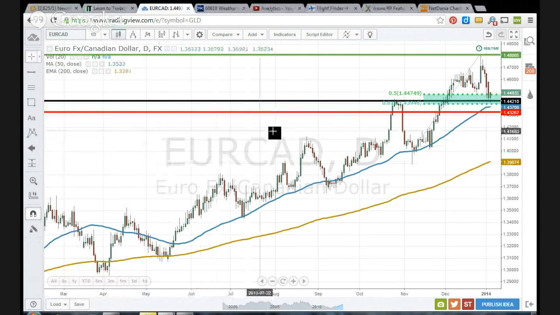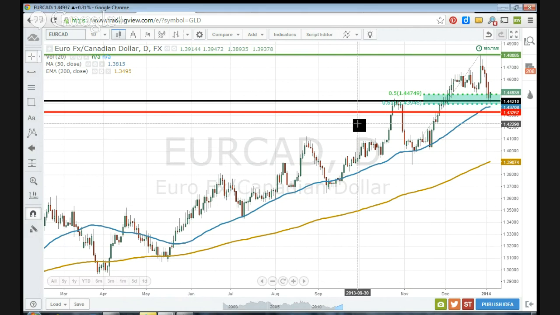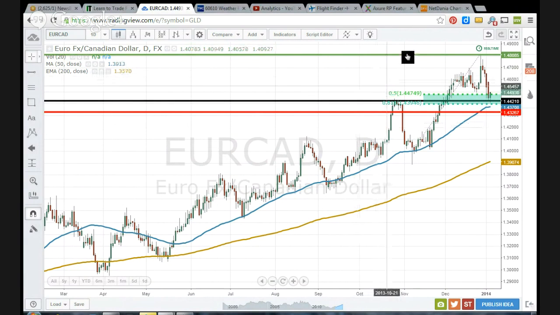Okay, so we are risking about 95 pips, from 44.21 to 43.26. So basically about 100, so we need at least 300, and we're going to get that. So this is more than 3 to 1. Perfect. So this is our second trade I'll be taking today, Euro Canada.